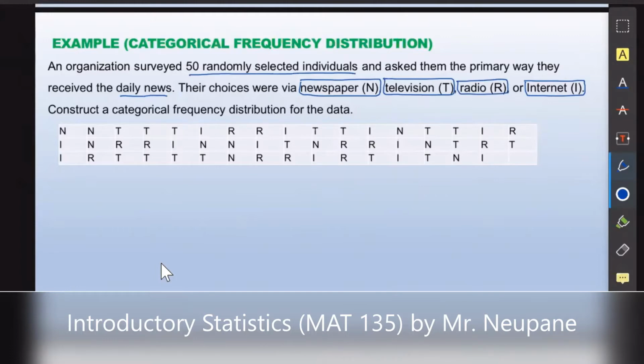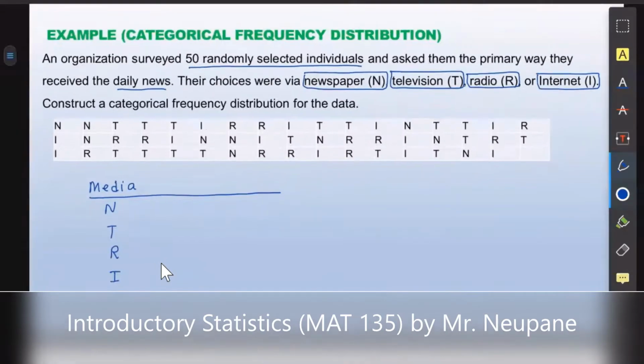So what we can do is we can make a table. So what type of media they are using, you can write that first. So the media are newspaper, television, radio, and internet.